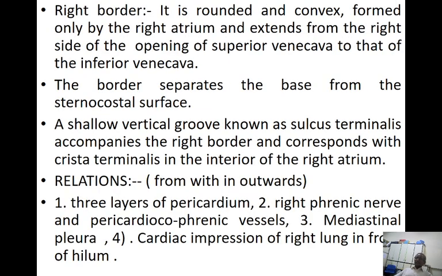Right border: it is rounded and convex, formed only by the right atrium, and extends from the right side of the opening of the superior vena cava to that of the inferior vena cava. This border separates the base from the sternocostal surface. The shallow vertical groove known as sulcus terminalis accompanies the right border and corresponds with the crista terminalis in the interior of the right atrium.